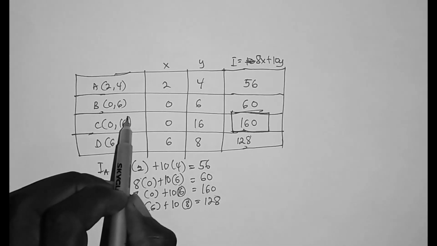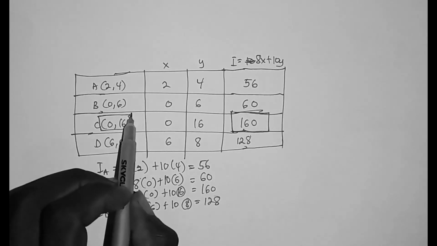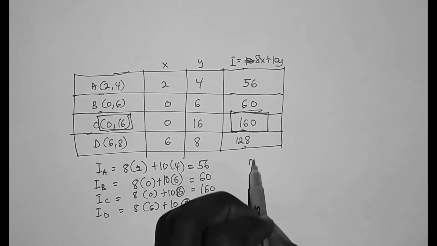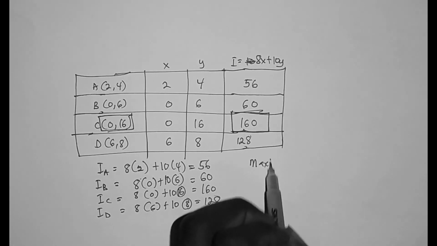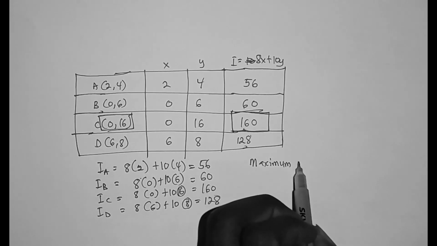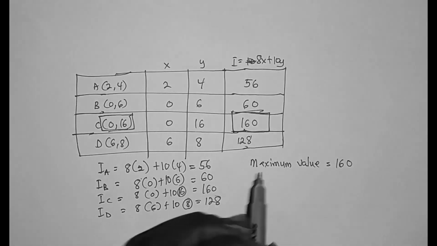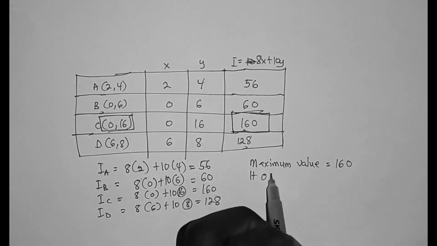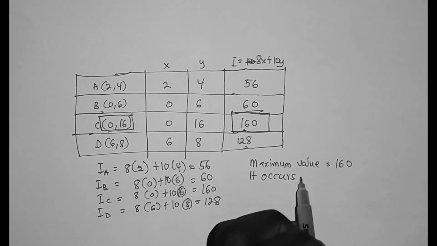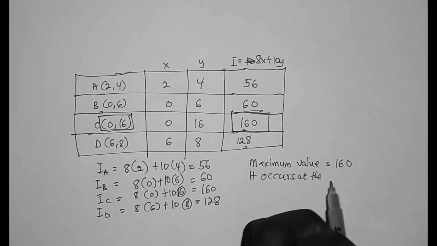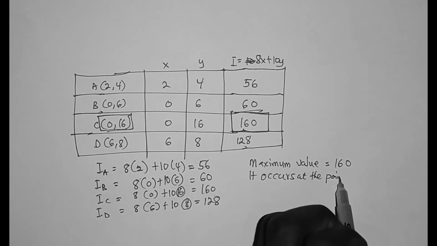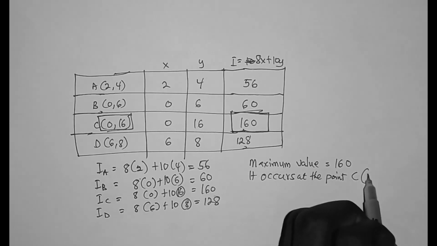So the values of x and y for which it occurs is 0, 16. So the maximum value is equal to 160, and it occurs at the point C, 0, 16.